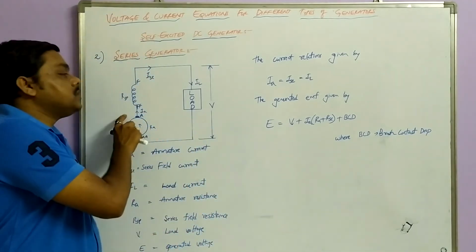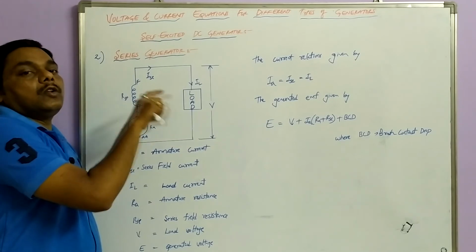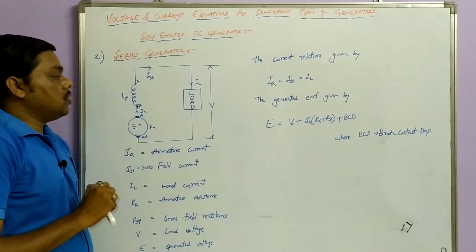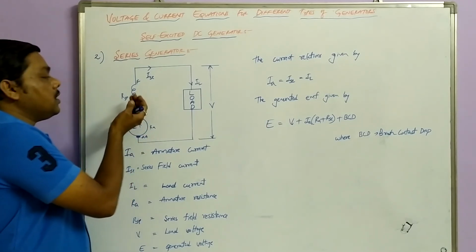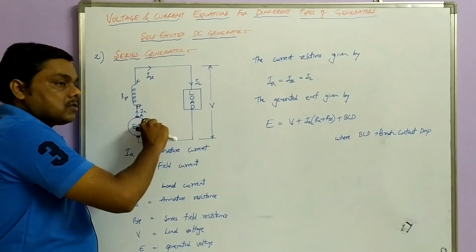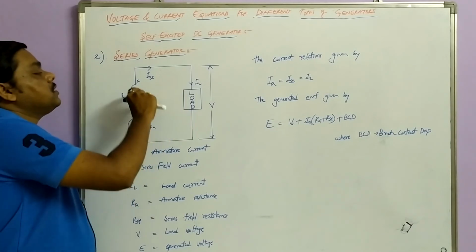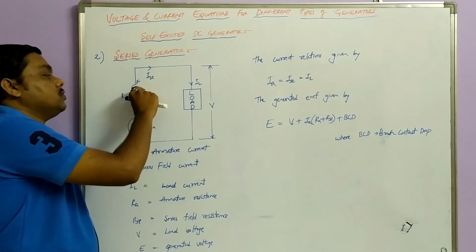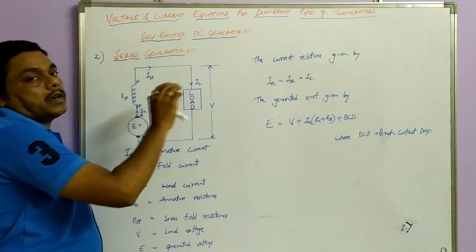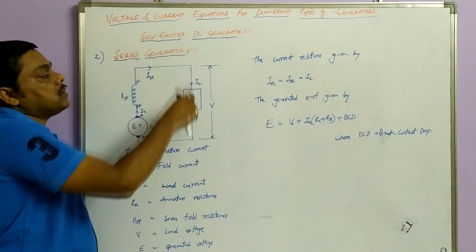Then what about the generated EMF and load voltage relations? You can observe the generated EMF delivered from here. There is a voltage drop across the armature, some voltage drop across the series resistance, and the brush contact drop, so that the load voltage is available.